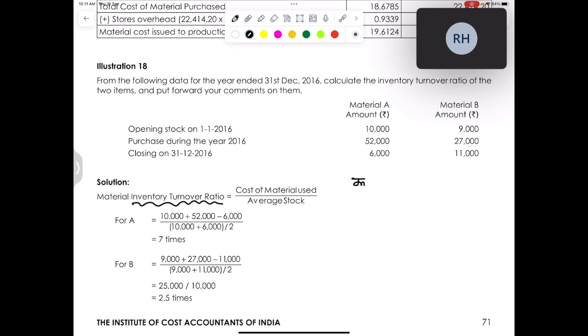Inventory turnover ratio helps us to identify the fast moving raw material and the slow moving raw material.